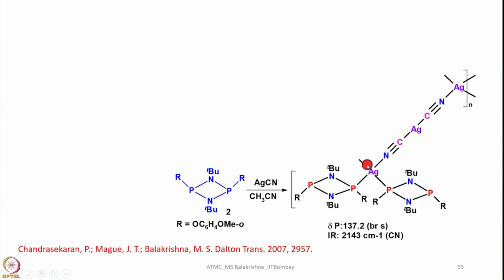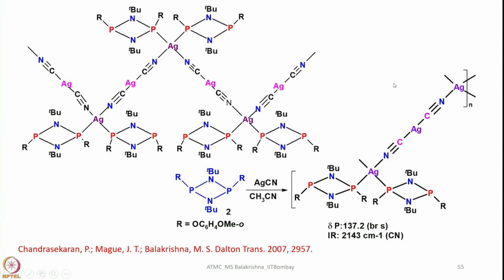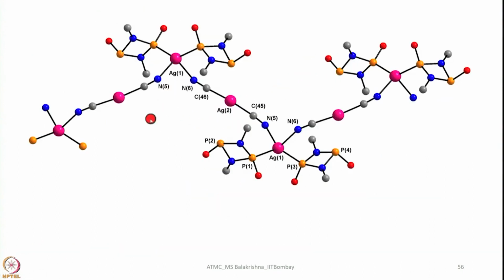This one is cationic and this fragment is anionic because 2 cyanides are there. So, that means there is a charge balance. This is an anion, this is a cation, and here one is 4 coordinated, one is 2 coordinated, and it grows to have a zigzag one dimensional polymeric structure. So, this is how the X-ray structure depicts this molecule.